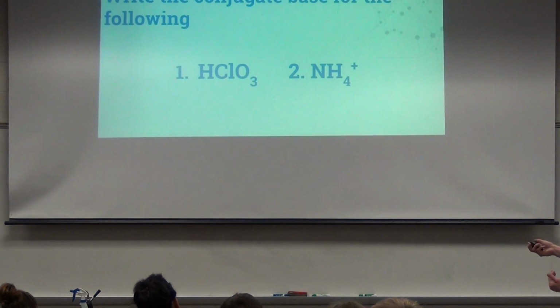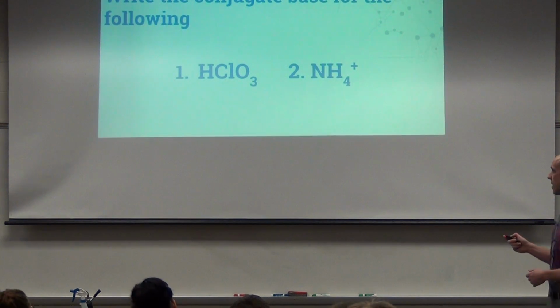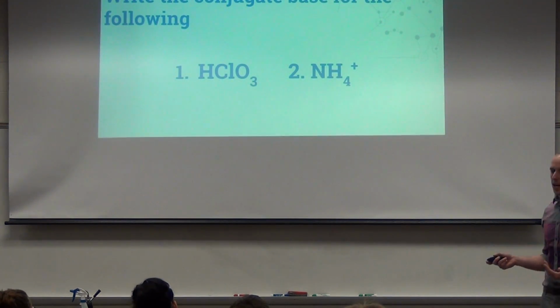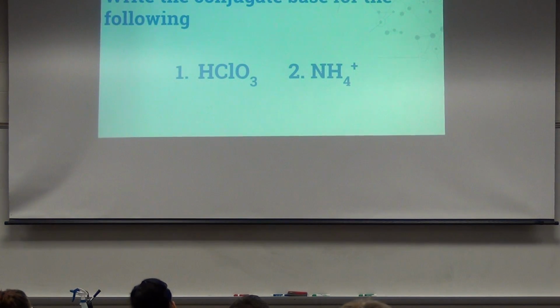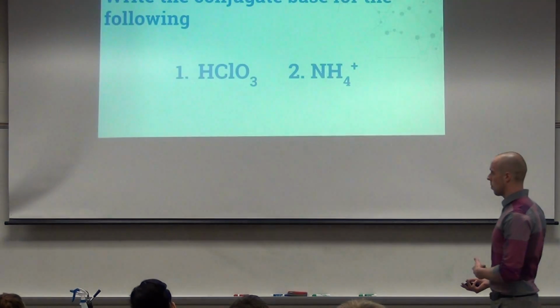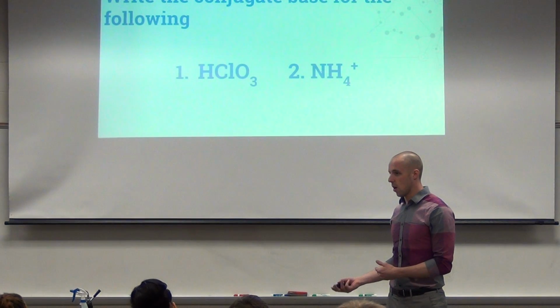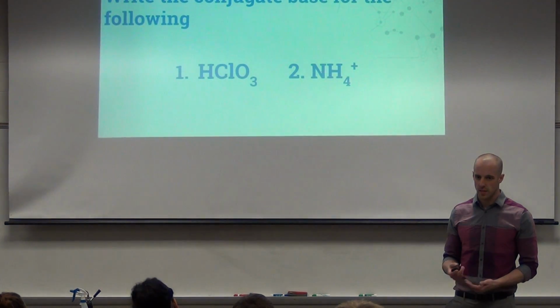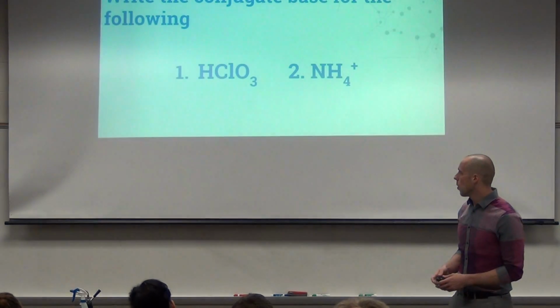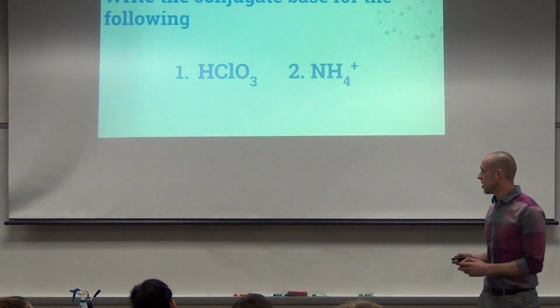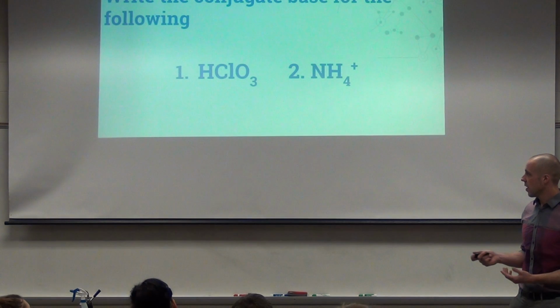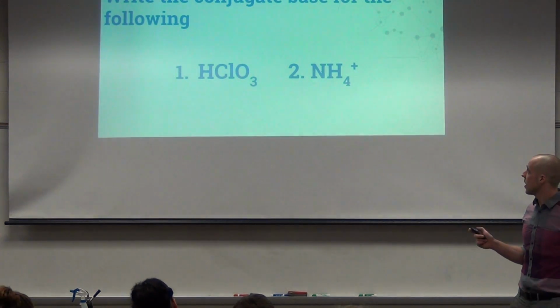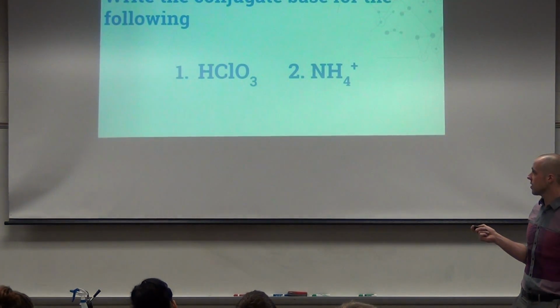The next one, it says write the conjugate base for the following acids now. So I'm giving you an acid here. I want to know what the conjugate base is for that acid. What do acids do? They donate protons. They donate hydrogens. So all we're doing for this one is taking away hydrogens. It's literally just the opposite. So when we're working with HClO3 and we want to know what the conjugate base is for that acid, we just take a hydrogen away.